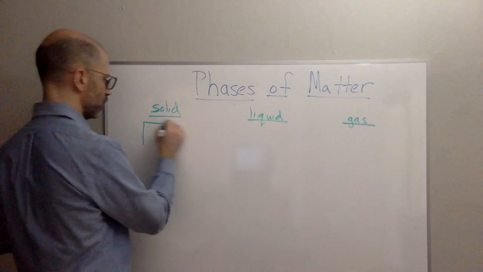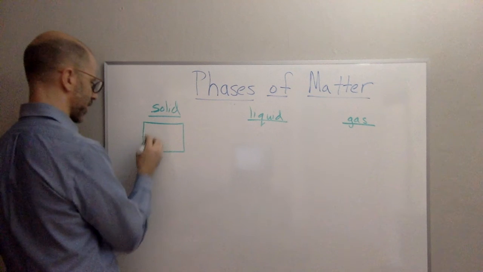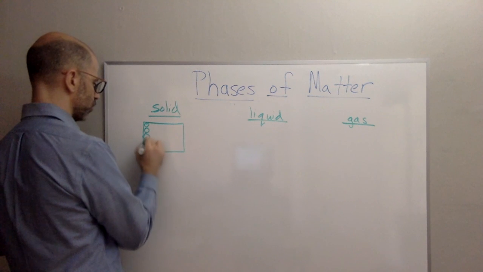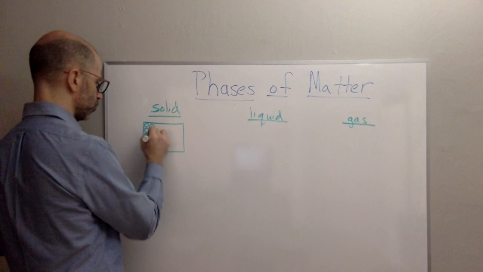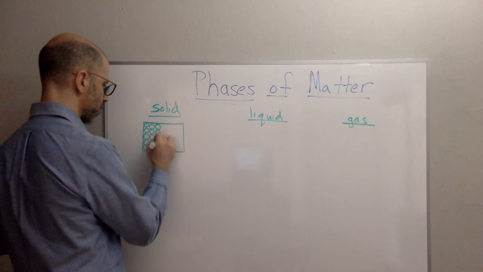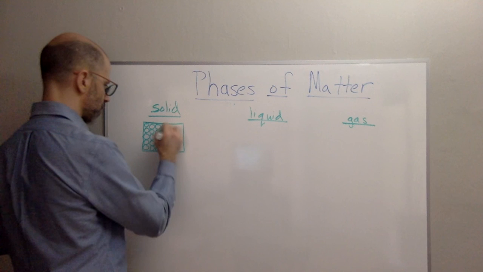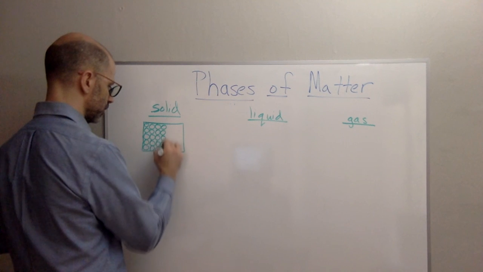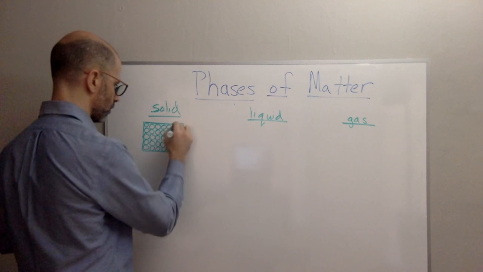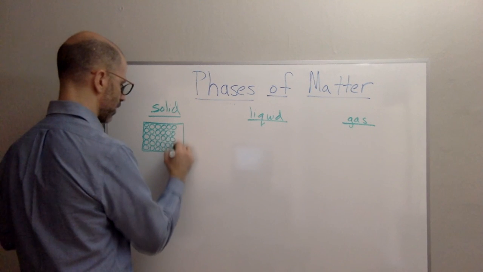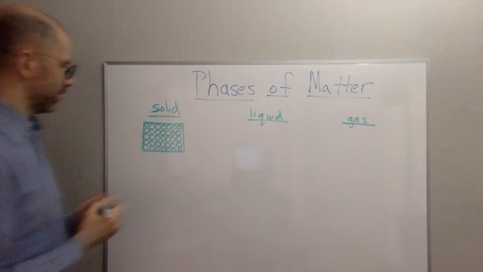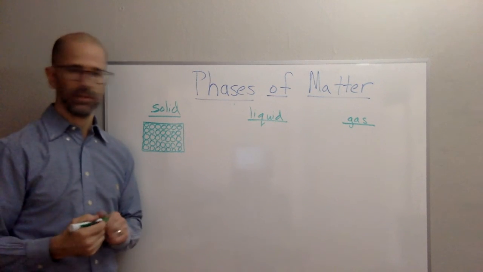I'm going to draw a picture of what solid looks like at the atomic level. And if you looked at a solid at the atomic level, you would see tightly close packed atoms and molecules in the substances. And that is what gives the solid its characteristics.